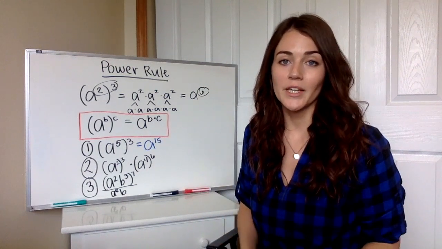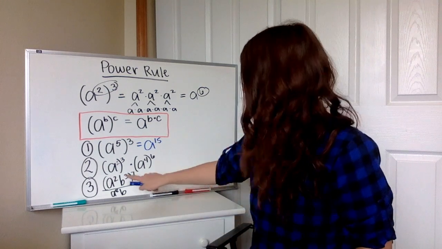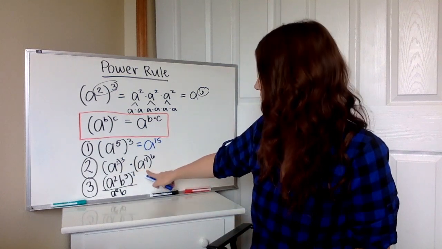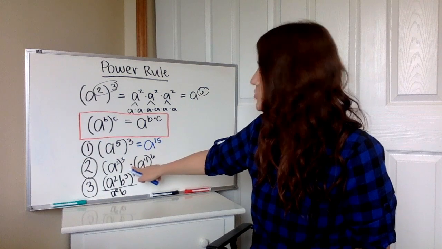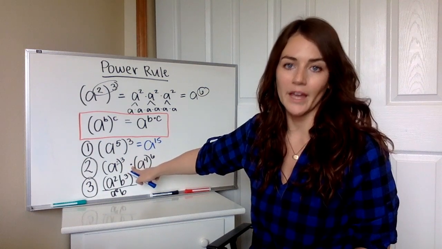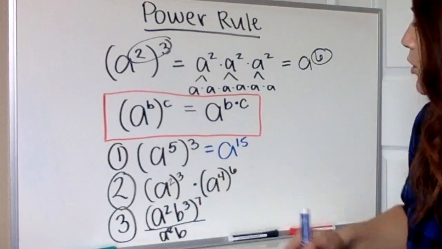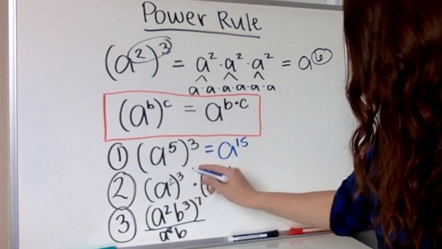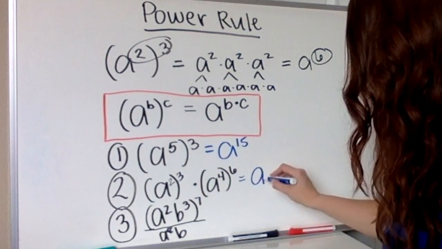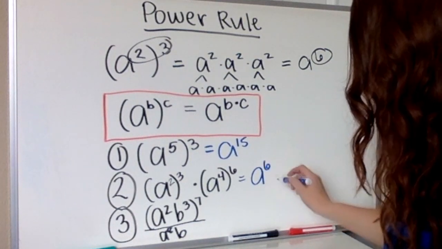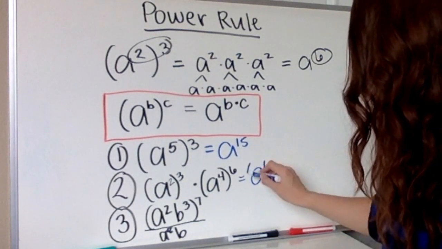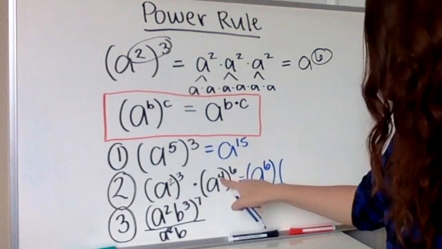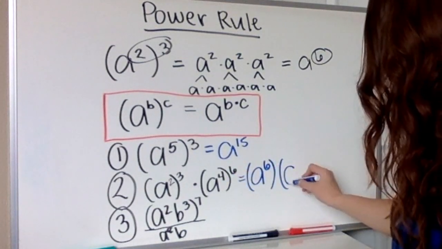With our next one here, it's again pretty basic with two power rule examples, but then you might notice we're going to have to use that product rule at the end. So let's do our power rule first, which is going to have us multiply those exponents together. So we get a to the 2 times 3, which is 6, and then we're taking that times a to the 4 times 6, so a to the 24th.